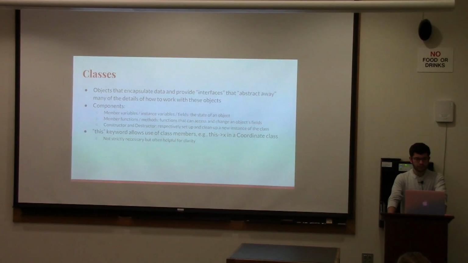Constructor and destructor. Constructors you'll almost always see. Those are when you have, say, a grid constructor that takes the number of rows and number of columns. That's just a way of putting information about the object in as you're creating it.